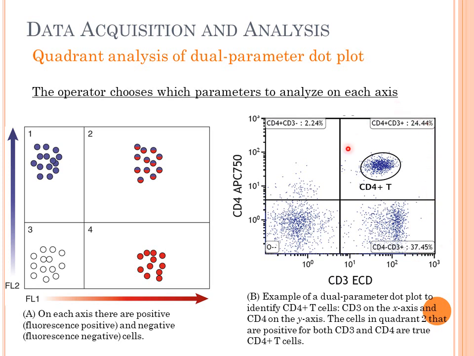So what we end up with here, in the top right-hand corner, these fluoresced both. We had fluorescence in this area for both colors. And so these are CD4 positive T cells, and they also have the marker CD3.